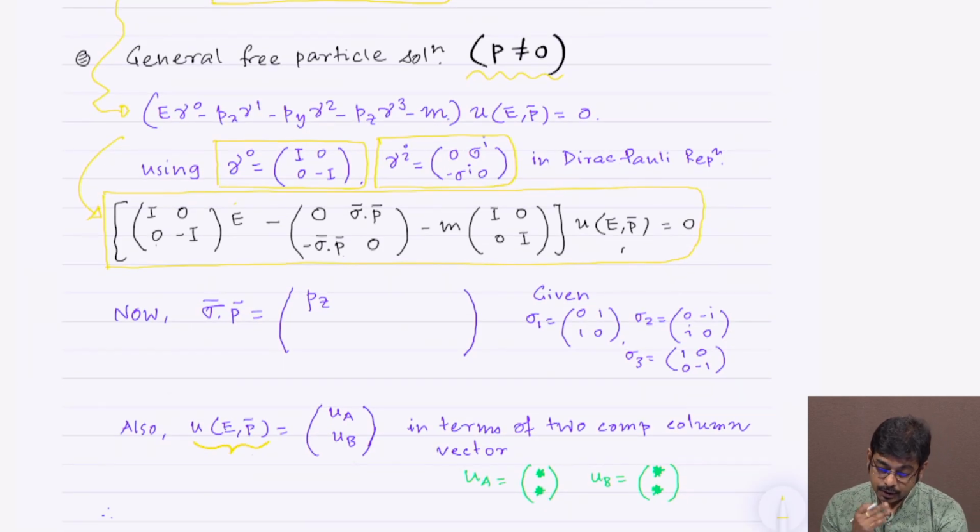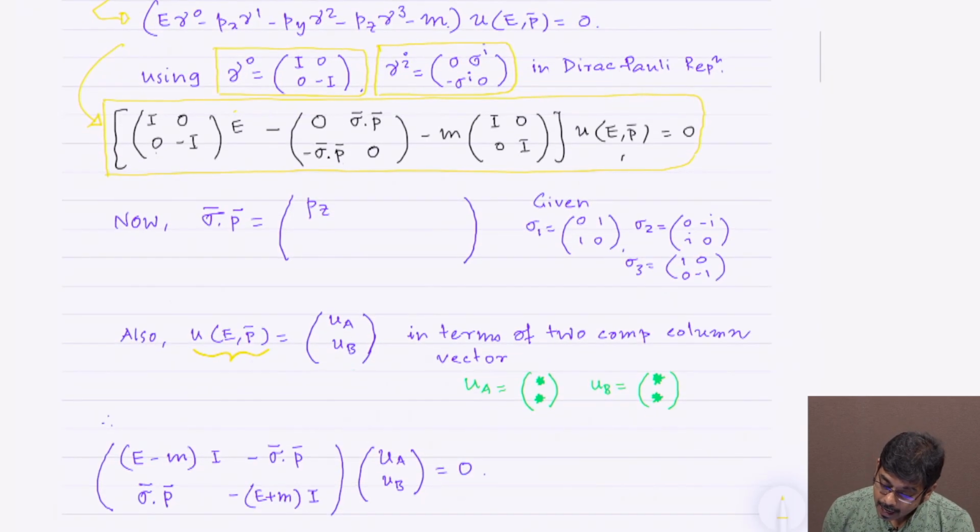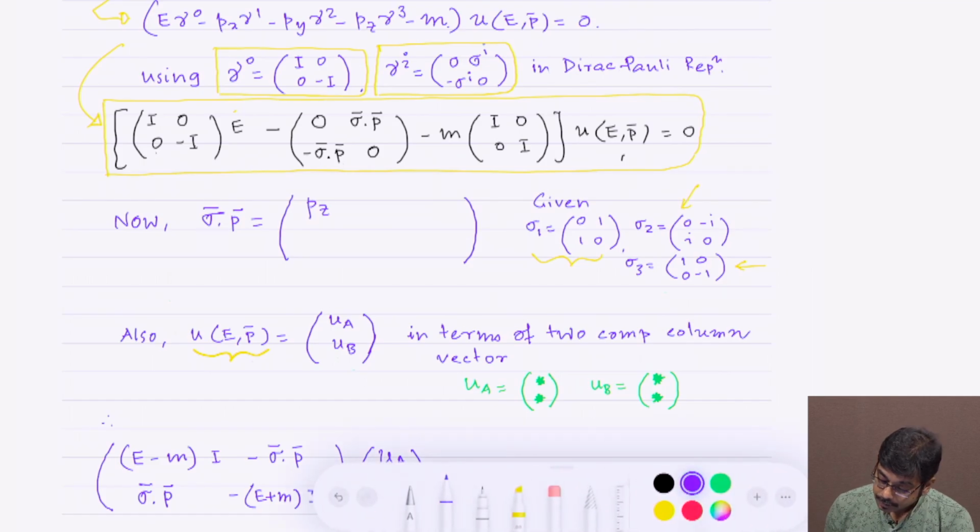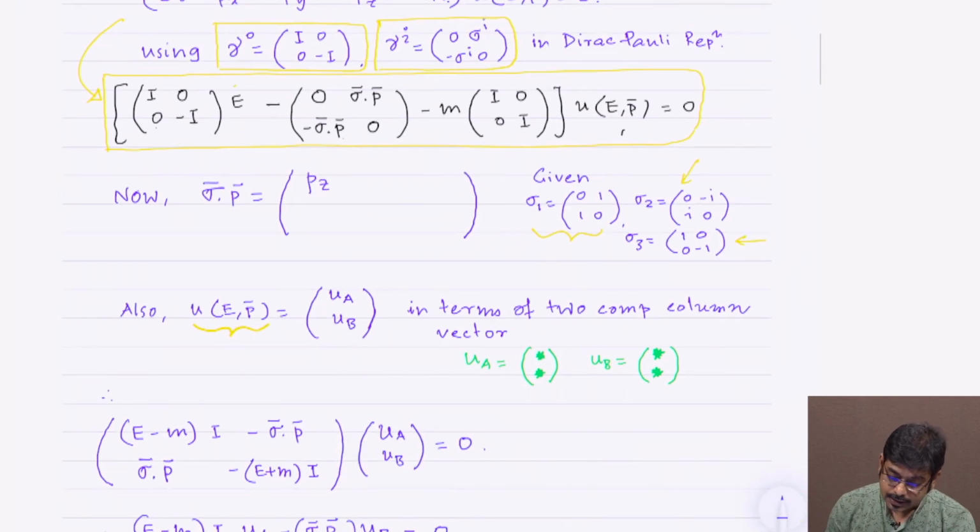Now I would also like to find out what sigma dot p is. You remember that the Pauli spin matrices are as follows: sigma 1 is (0 1; 1 0), sigma 2 is (0 minus i; i 0), and sigma 3 is (1 0; 0 minus 1). So let us try to find sigma dot p. You can see that the diagonal entry will be with sigma 3, that means with pz, and the other diagonal component will be minus pz.